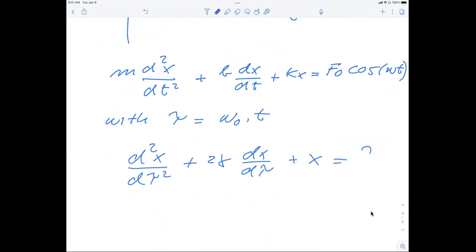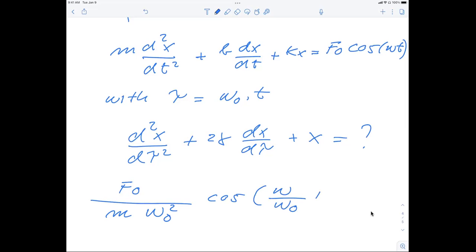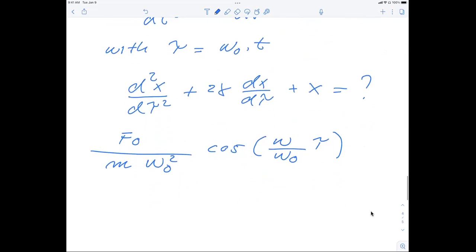And this is now equal, if we look at this force, when we introduce these manipulations, to F0 divided by the mass and also divided by omega 0 squared. But then we have a cosine, and now we're going to introduce a dimensionless variable. We have a frequency divided by omega 0, times tau. And it is common to rewrite this as a new frequency, which we call omega tilde.